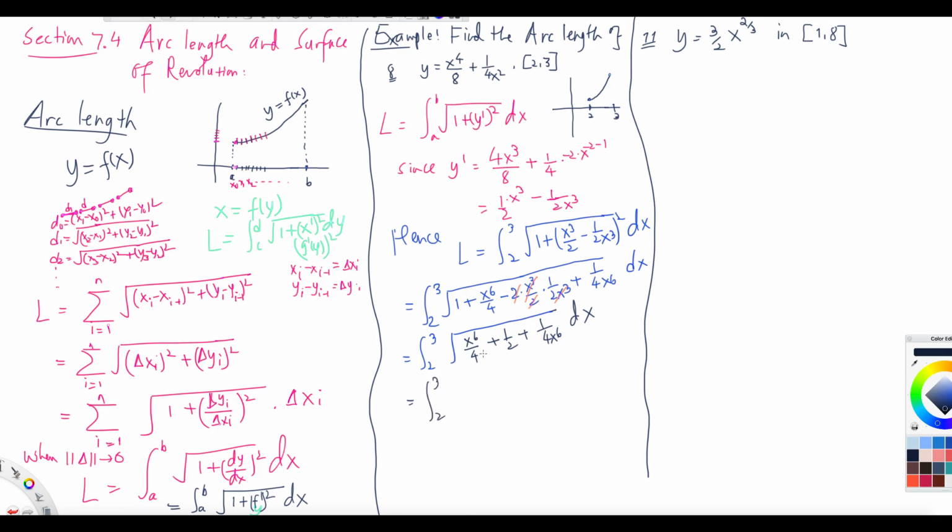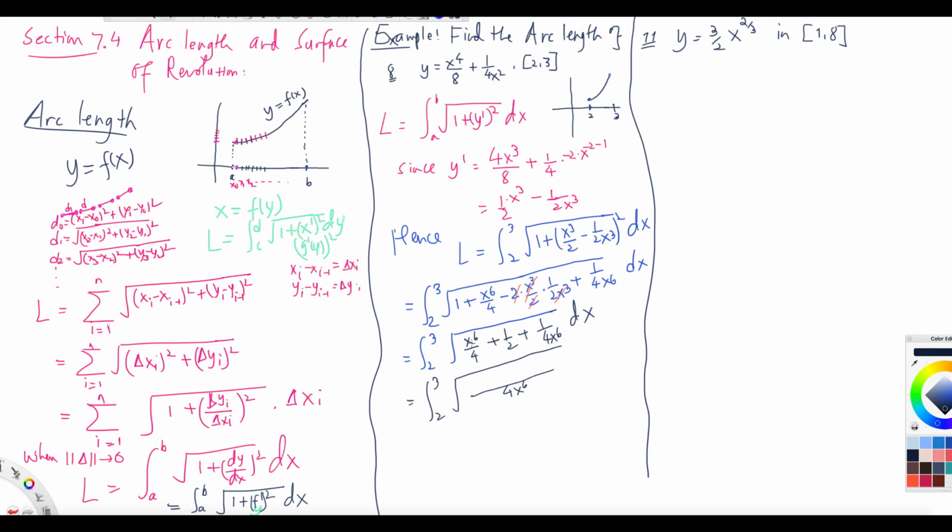There are many ways you can do that. You can make the same denominator there. Let me write under the root. The same denominator will be 4x to the 6. You see that? x to the 6, 4x to the 6.